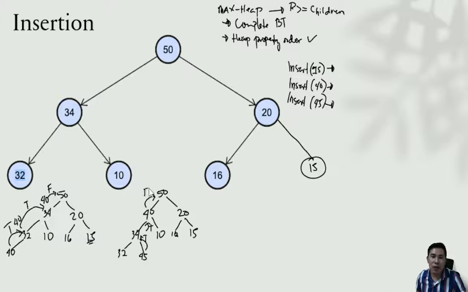That's actually false. So since it's false, it will stop from here. So therefore, our binary heap would now be 50, 45, and then you have here 40, then you have here 10.